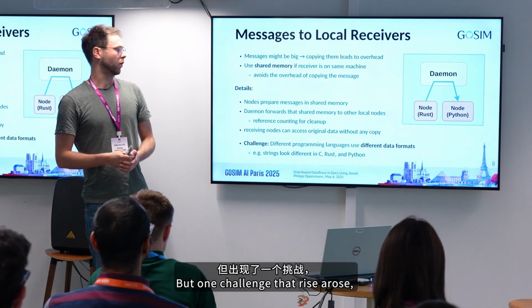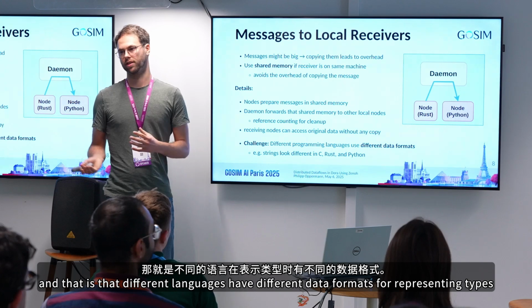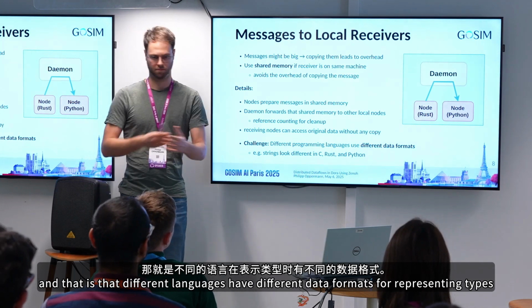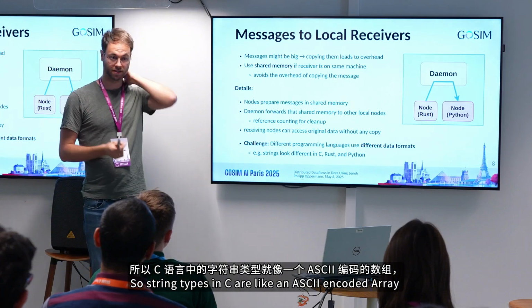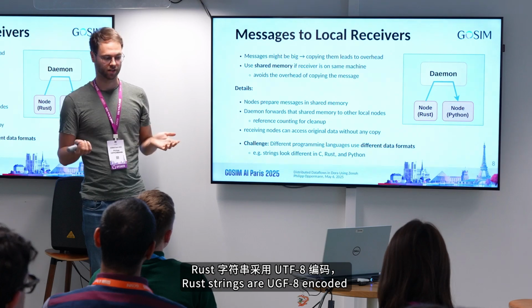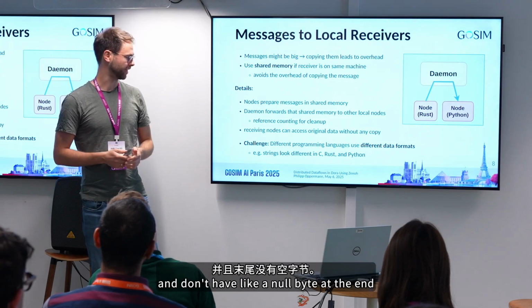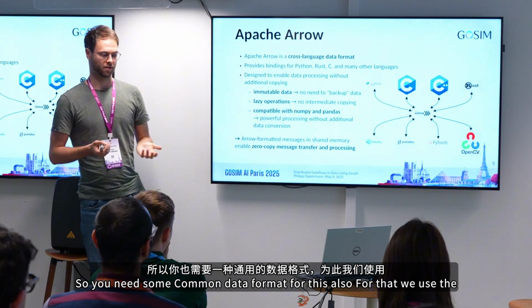But one challenge that arose is that different languages have different data formats for representing types. String types in C are ASCII encoded, null-terminated arrays. Rust strings are UTF-8 encoded and don't have a null byte at the end. So you need some common data format for this all to work.